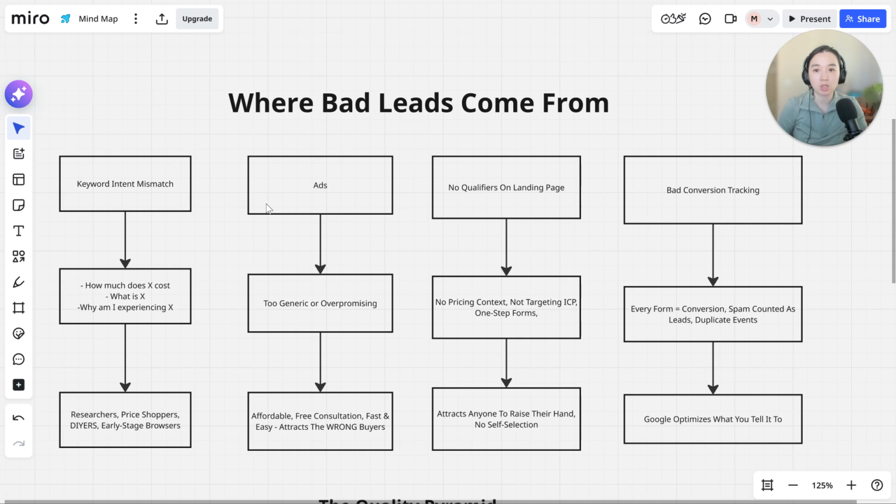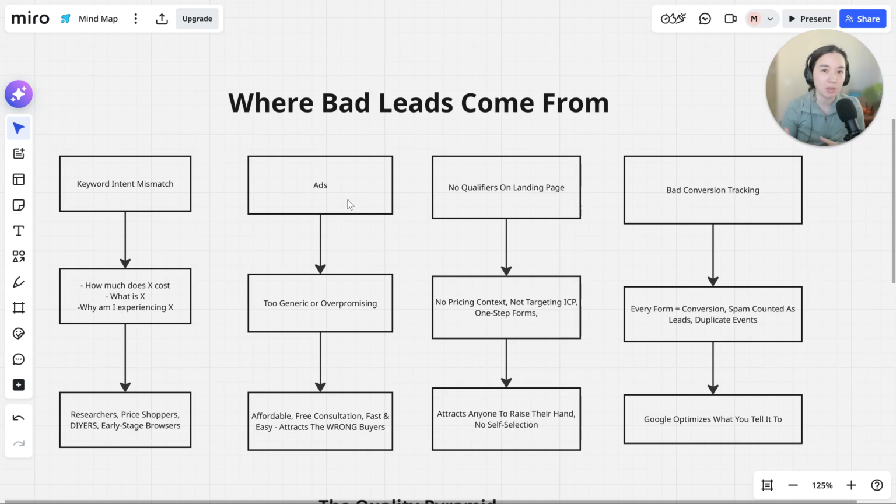The second thing is going to be in the second column here, which is your ads, responsive search ads in general. If your ads are very generic, this is a common thing that I see. A lot of advertisers just copy what their competitors say on Google. There's no clear positioning or differentiation, or there might just be over-promising and it doesn't sound very attractive. That could also be an issue.